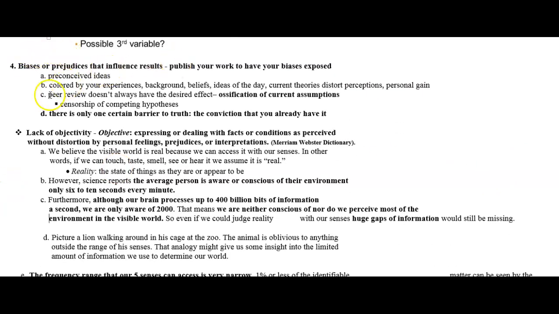Peer review doesn't always have the desired effect. So if you're only giving your work to people who think exactly like you, ossification, that means it's going to turn to bone, nothing's really going to be exposed. Only one certain barrier to truth, conviction that you already have it.